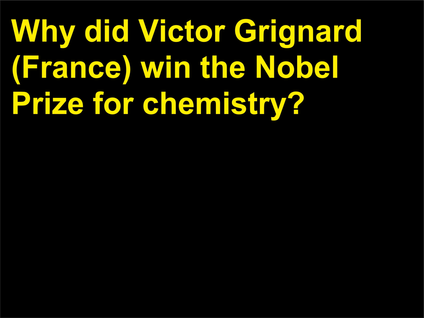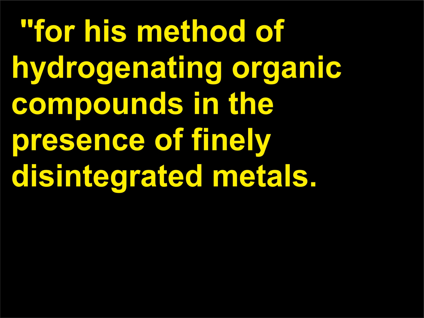Why did Victor Grignard, France, win the Nobel Prize for Chemistry? For the discovery of the Grignard reagent, and Paul Sabatier, France, for his method of hydrogenating organic compounds in the presence of finely disintegrated metals.